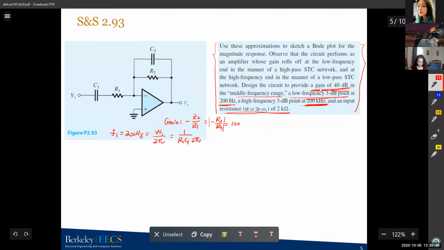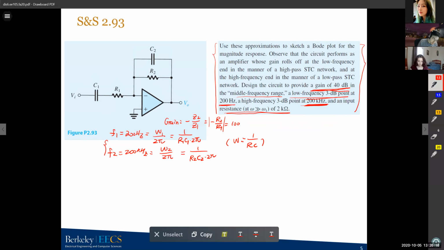So from the low frequency 3 dB point, we can find the product of R1 and C1. The high frequency 3 dB point is F2 equals 200 kHz, and F2 equals omega 2 divided by 2 pi, which gives us 1 over R2 C2 times 2 pi. You just need to know that the cutoff frequency omega for an RC circuit is 1 over RC. That's the definition. So with 3 requirements we have 3 equations, but we still need 1 more to solve the actual values of R1 and R2.